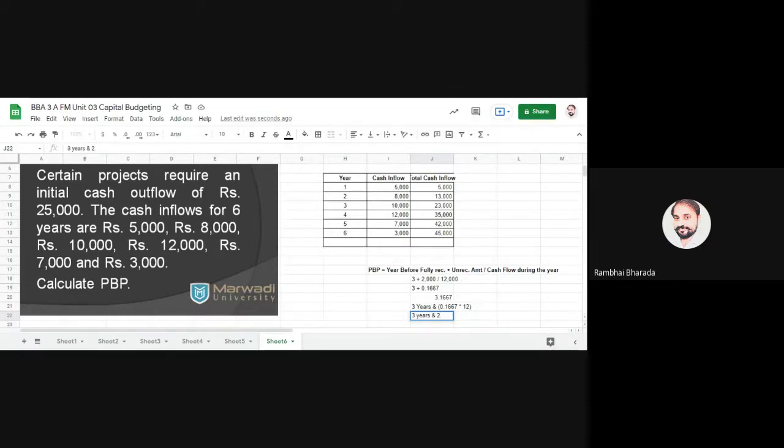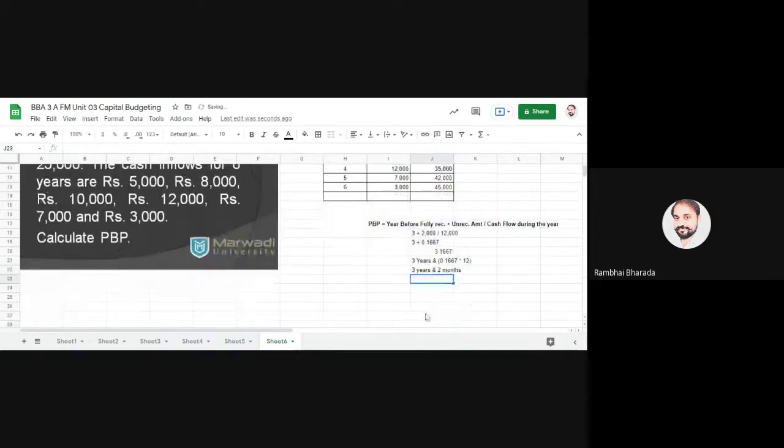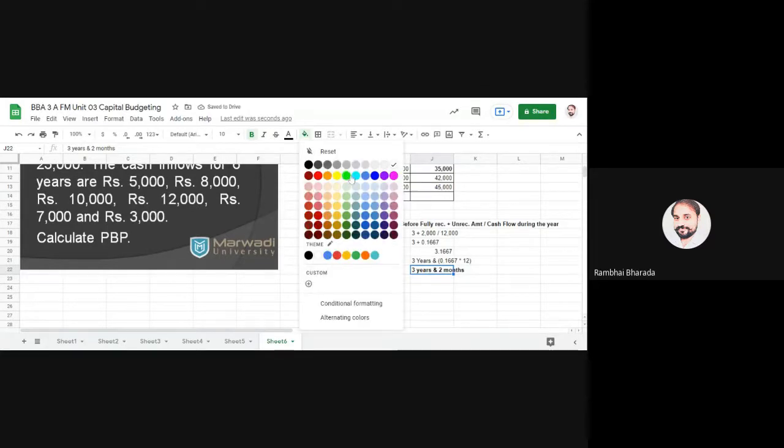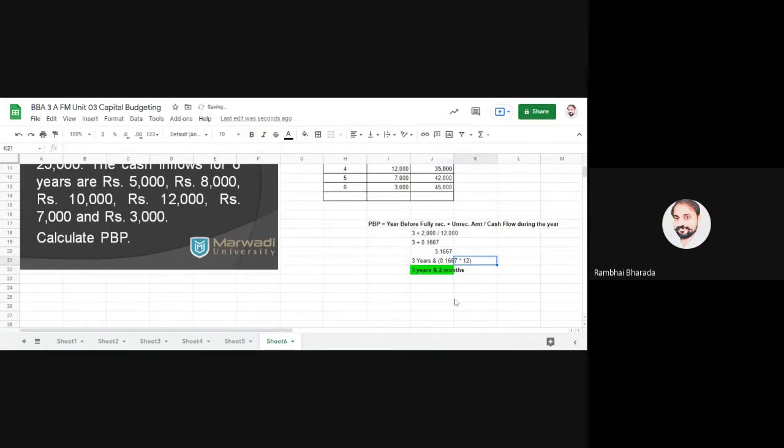It means 2 months. Are we clear, everyone? How to find these months and how to find the answer? Okay, let's take one more example.